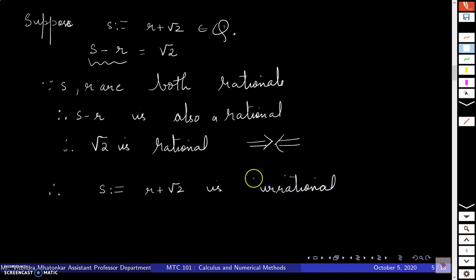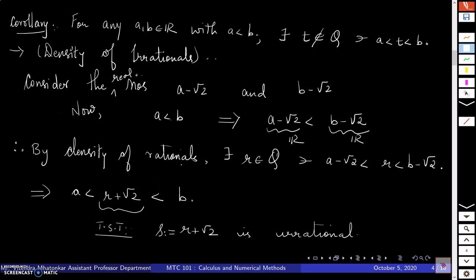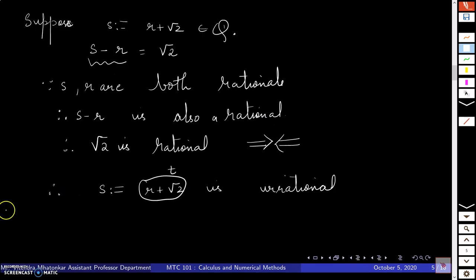Now if I call this number t, I'm using t because I had used it in the statement, I have found an irrational number between a and b. Therefore there exists an irrational number t such that t lies strictly between a and b.